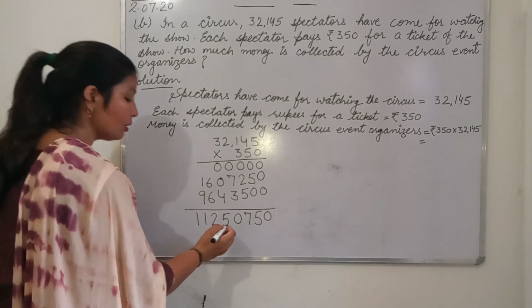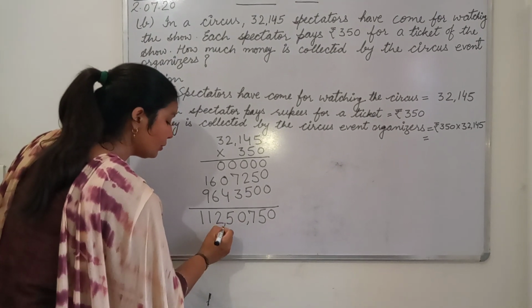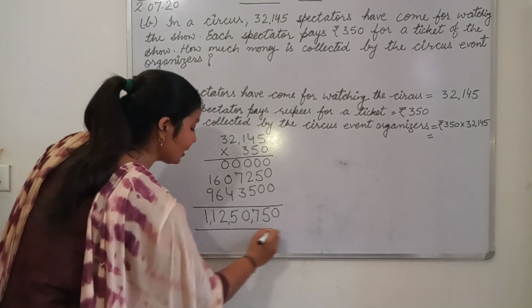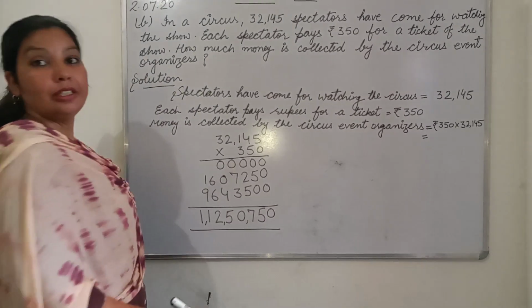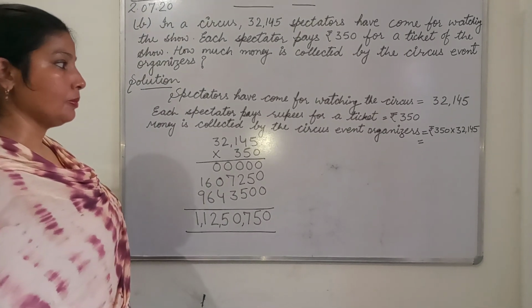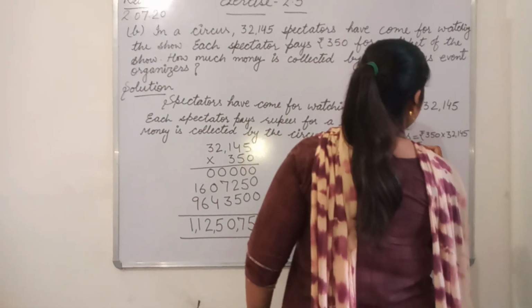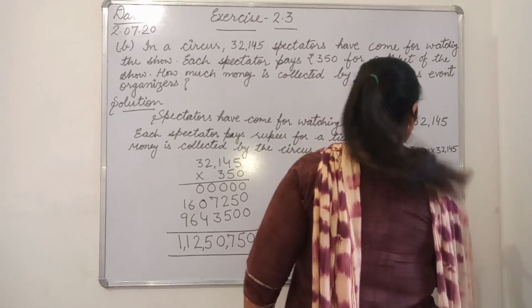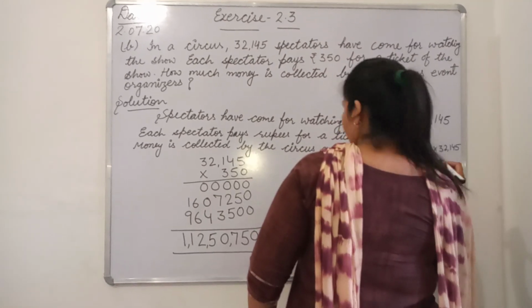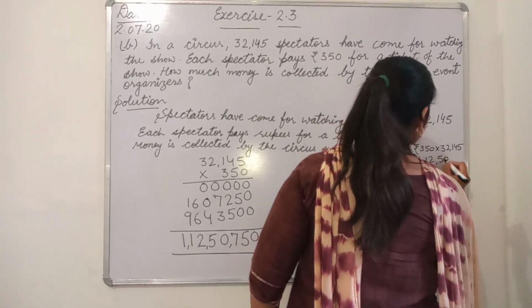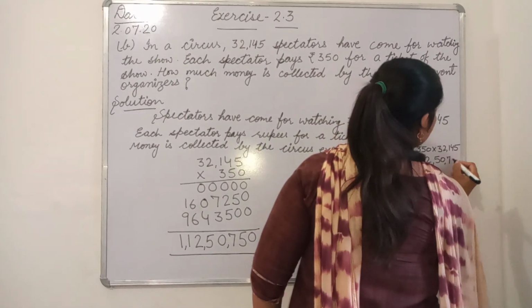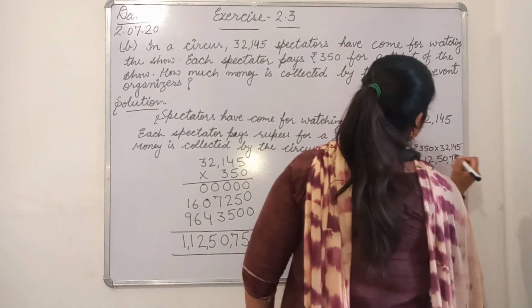So what is your answer? Your answer is 1 crore 12 lakhs 50,750. So we write here rupees 1 crore 12 lakhs 50,750. That is the amount the event organizer will get.